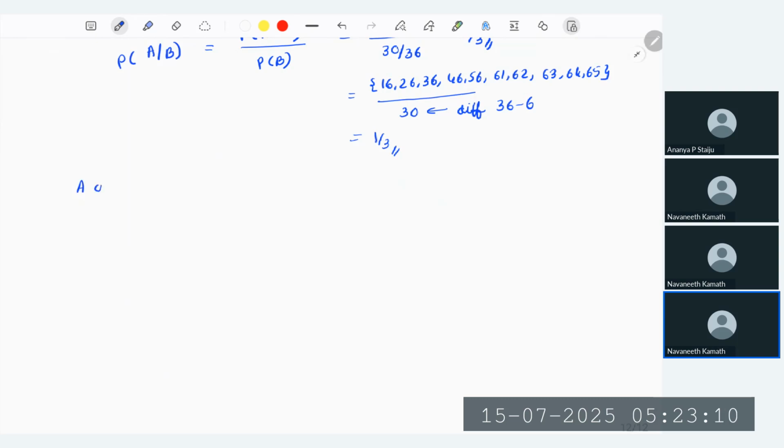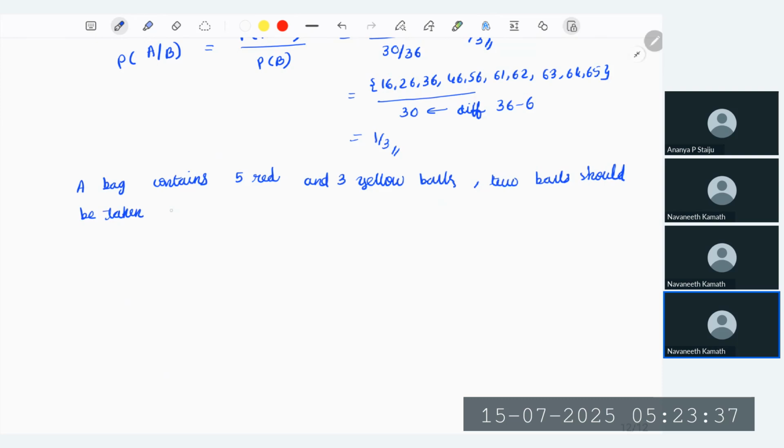So a bag contains 5 red and 3 yellow balls. 2 balls should be taken without replacement, so you're not putting them back.